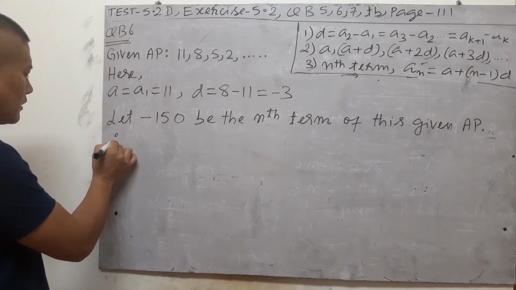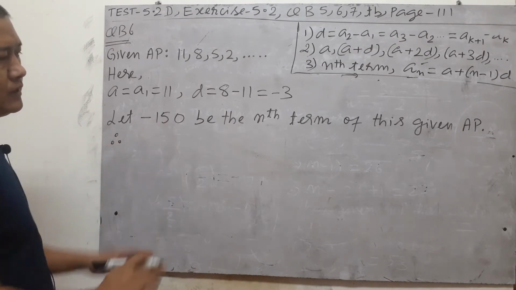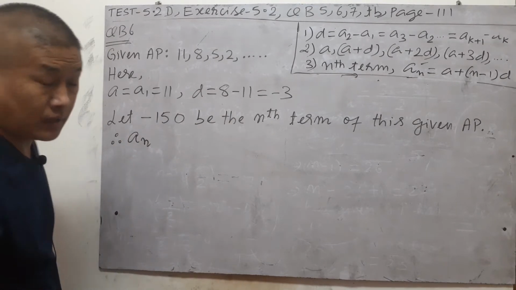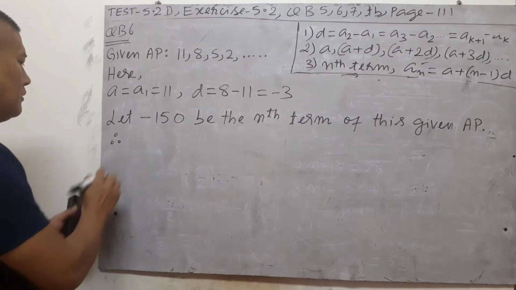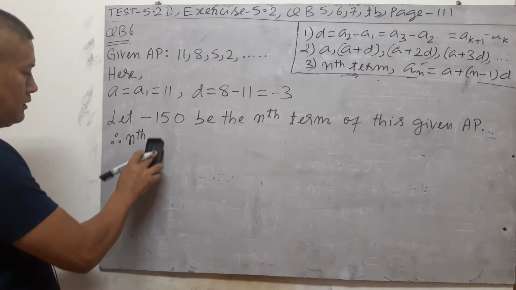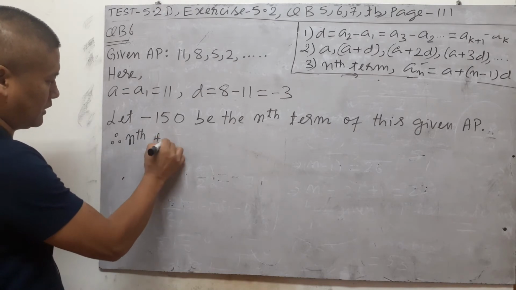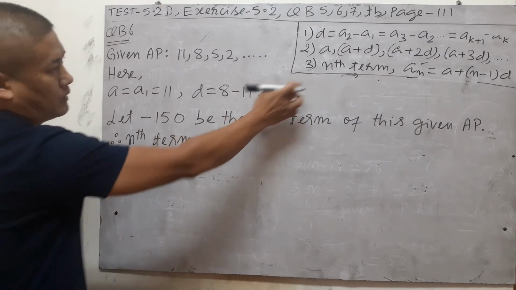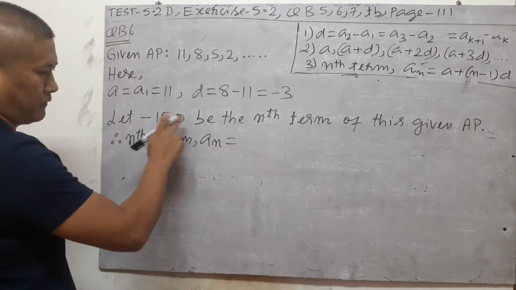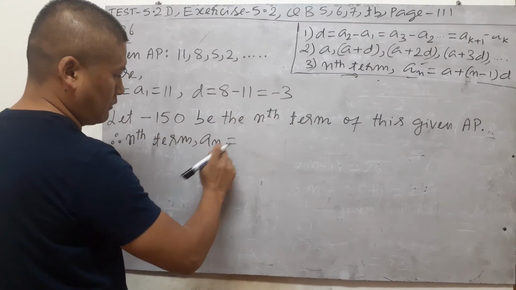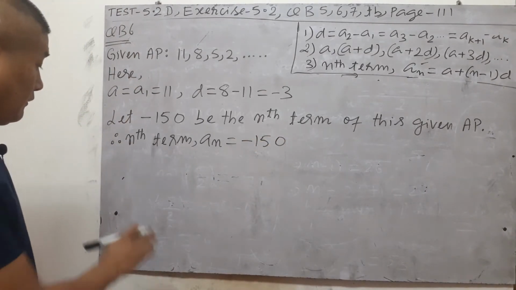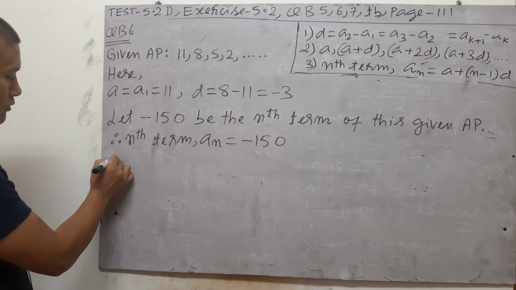In other words, if minus 150 is the nth term, then the nth term is an. You can just write it, I'm just explaining. The value of the nth term is given by the formula an. Since minus 150 is the nth term, an will be minus 150, assuming it is so.